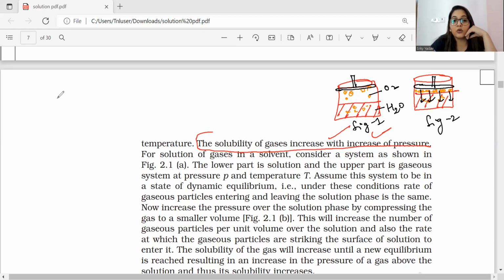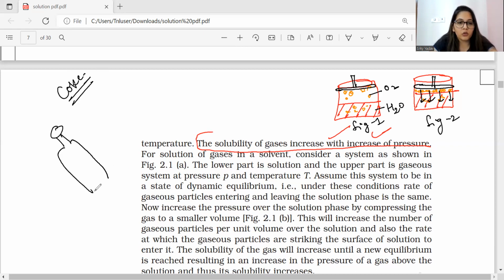And this is the reason that in Coke bottles, you might have seen, when you open the Coke bottle, it opens with a fizz sound. In the bottle there is a liquid, Coke, and some gas is there on the top, and not just at the top, in the liquid also some gas is dissolved.